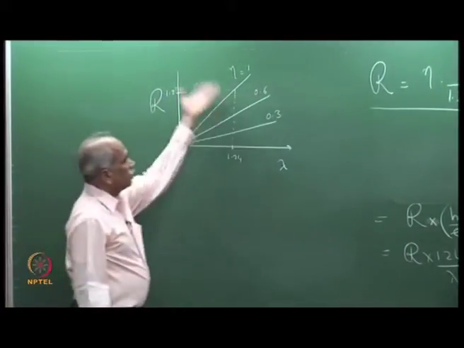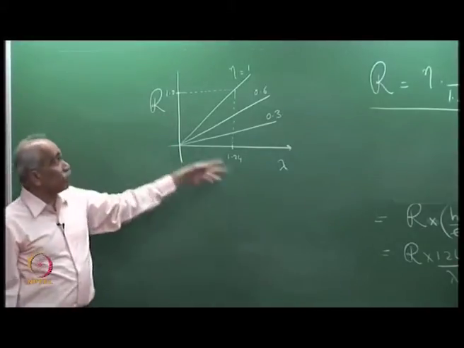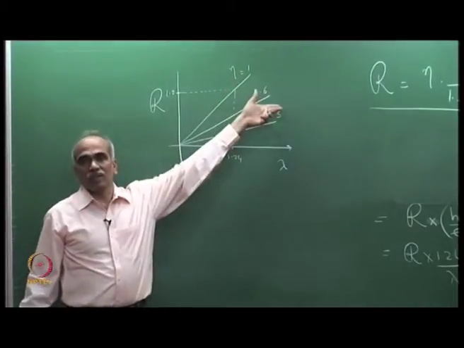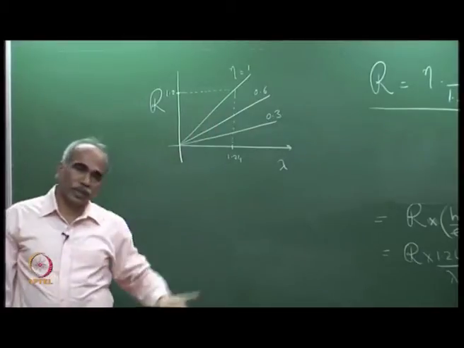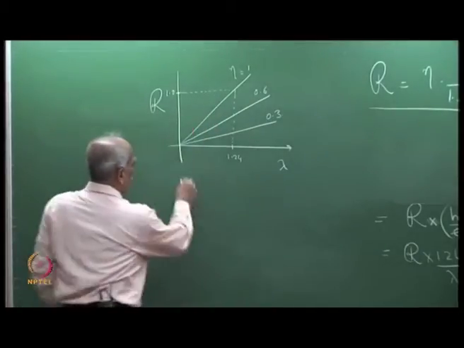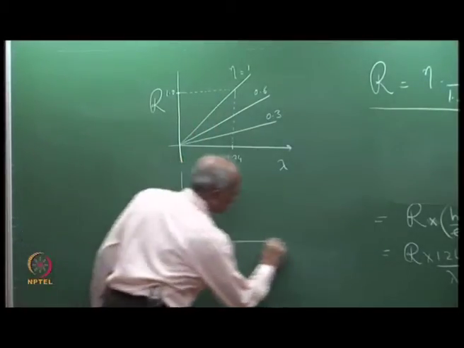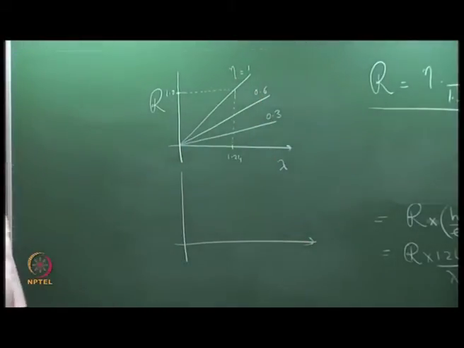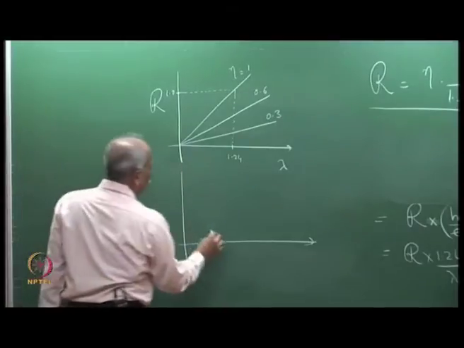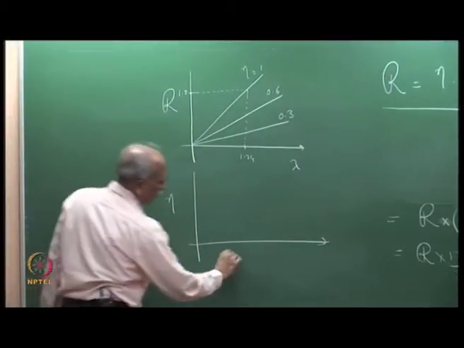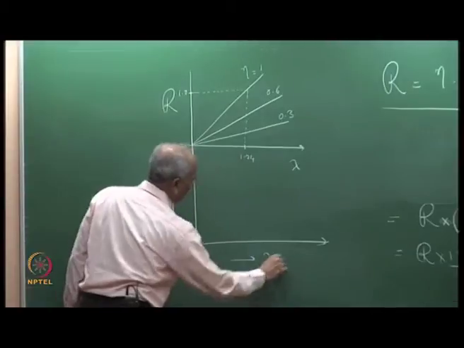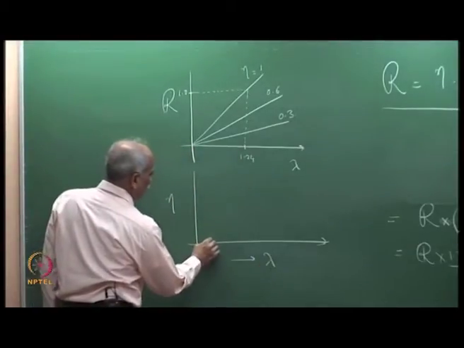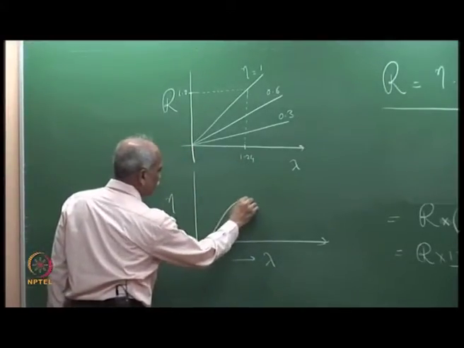So, this is the graph that we have for responsivity, assuming that eta is a constant. But in practice, eta is not a constant, because if you plot eta for a typical detector, eta versus lambda, the response would look like this.